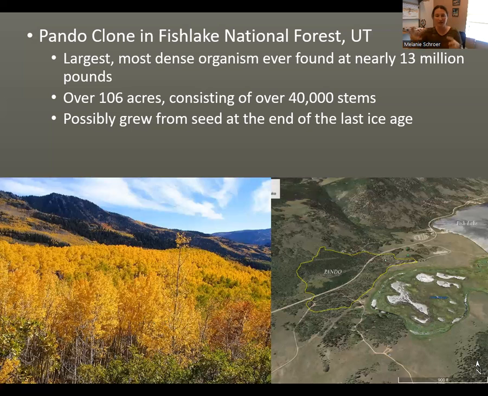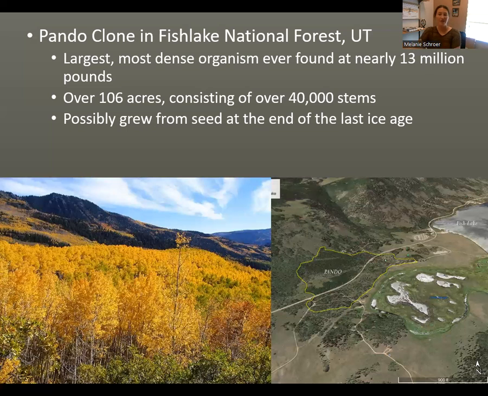And so to look at this individual, we can't just walk out into the forest and look up at a tree and say, there's the individual. In order to see the whole thing at the same time, we need to look from above, right? So this yellow line here is showing us the outline of this single clone, maybe defined as a single organism: 106 acres, over 40,000 stems, ramets, in this single unique organism.